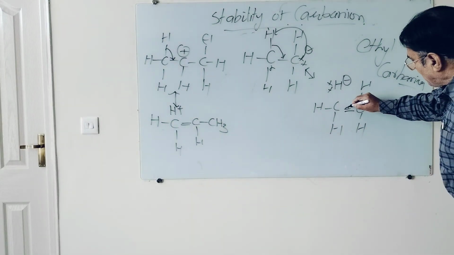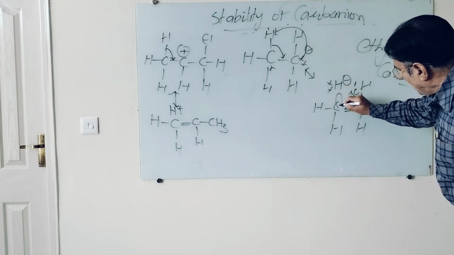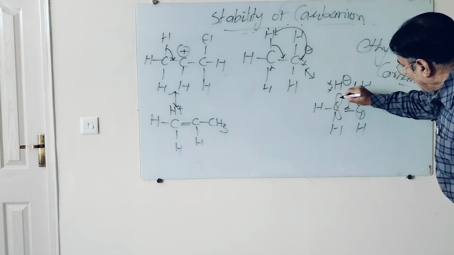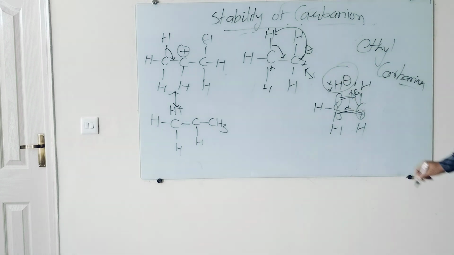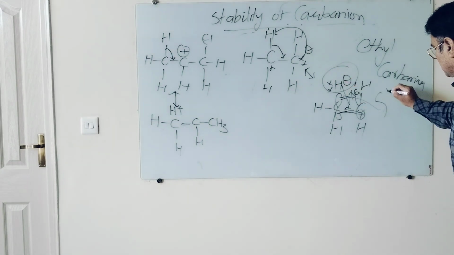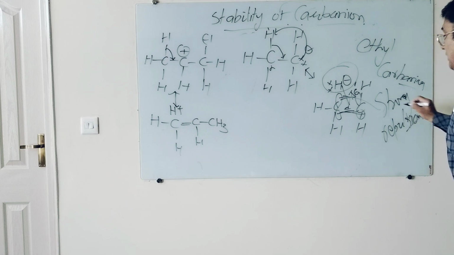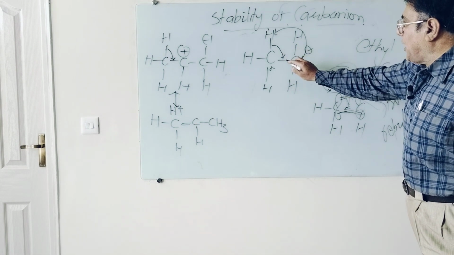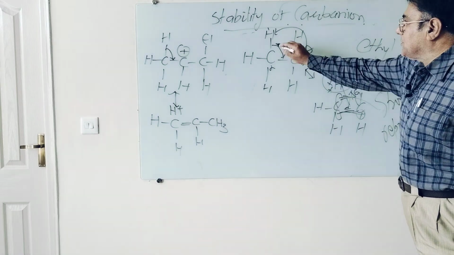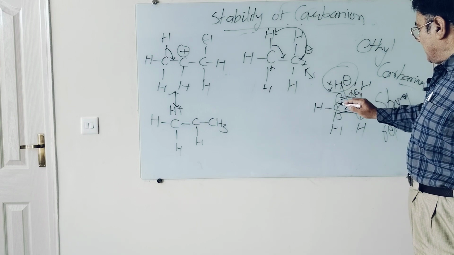I think these are pi electrons. Because these are pi electrons, that will be like this. Pi electron, right? Please see it carefully. And this is hydride, H minus. There will be a strong repulsion. So what reason could I conclude? There will be a strong repulsion between the pi electrons, formed when the sigma bond is converted into pi, and the hydride ion.